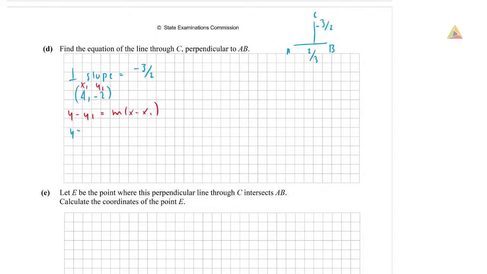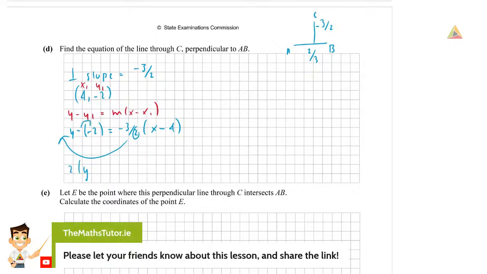Y minus, so y1 in this case is minus 2, is equal to m, your slope, which is minus 3 over 2, by (x minus x1), which is 4. We want to get rid of the fraction, so 2 multiplied up by all this, so 2 by y, the 2 minuses become a plus, plus 2 is equal to minus 3 by (x minus 4).